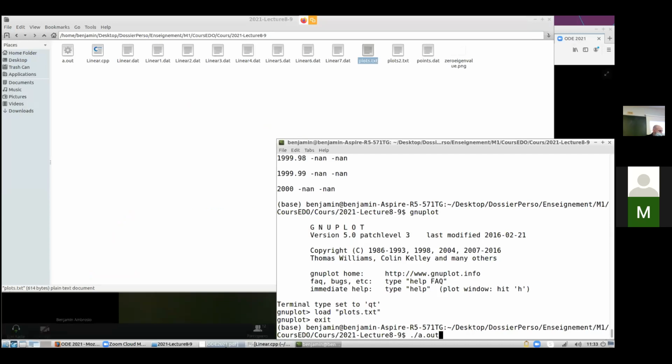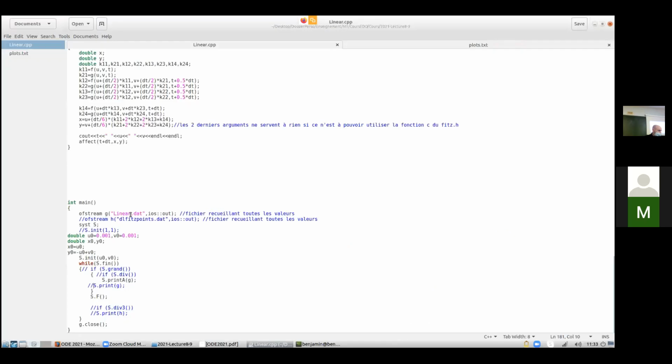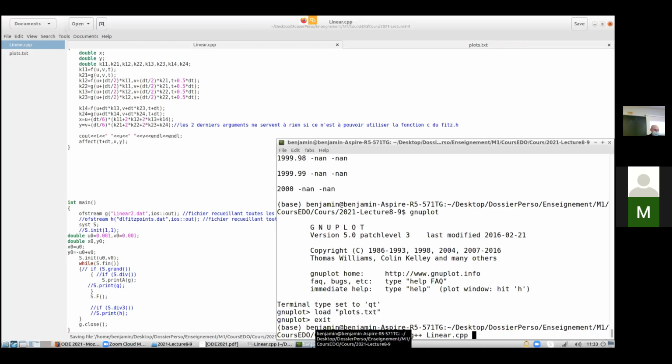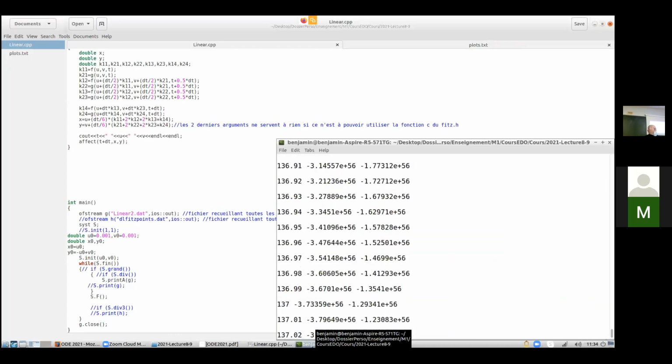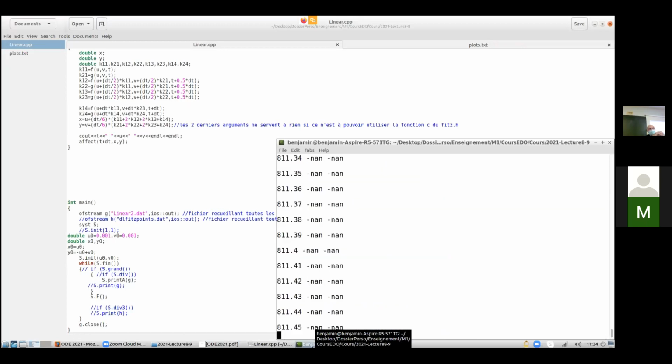All right, so now I'm going to run this program, the system y prime equals Hy.